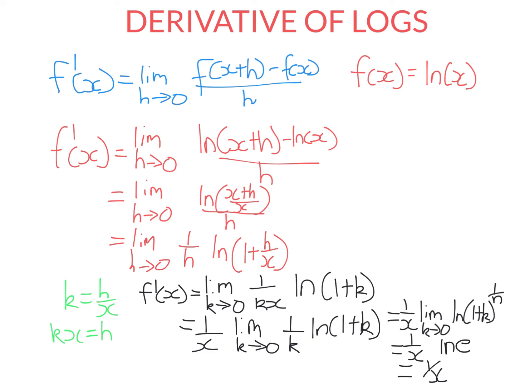So what about logs of other bases? Well, we can really simply use this identity here and the change of base rule. We know the change of base rule is log a of b. I can write it as natural log of b, the power on top, over natural log of a, the base, on the bottom.